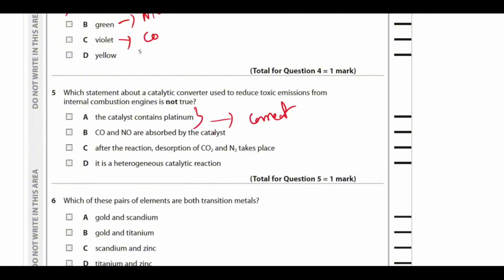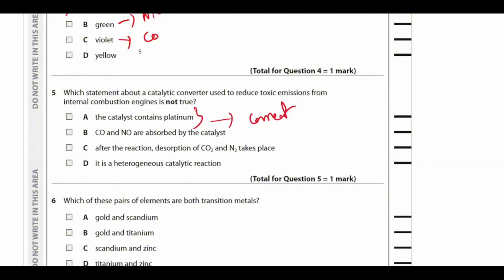Now, if we see about B, C, and D, if we analyze option B, that both carbon monoxide and nitrogen dioxide are absorbed by the catalyst. Now, that will not be true because carbon monoxide and nitrogen dioxide are not simply absorbed.